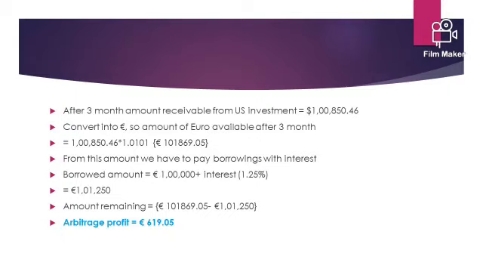So out of the 1,01,869.05 euros, we will pay 1,01,250 euro, and the remaining 619.05 is our arbitrage gain without doing anything, without making any investment from our pocket. This is called riskless investment, or arbitrage gain, by investing in the costly country and borrowing from the cheaper country.